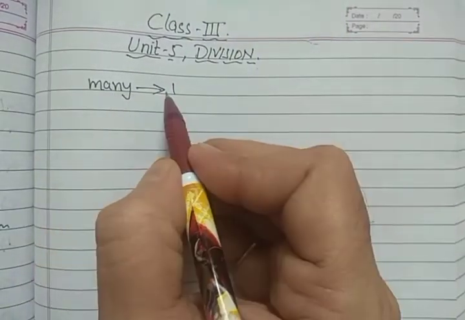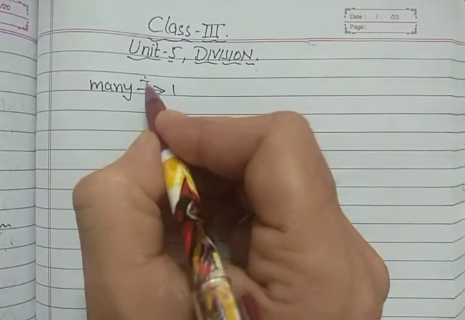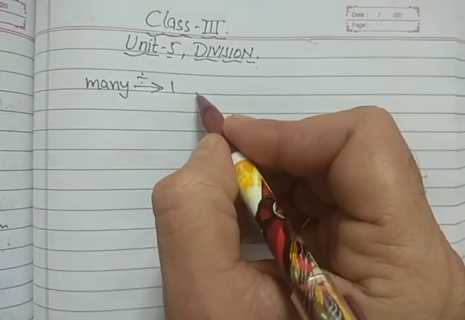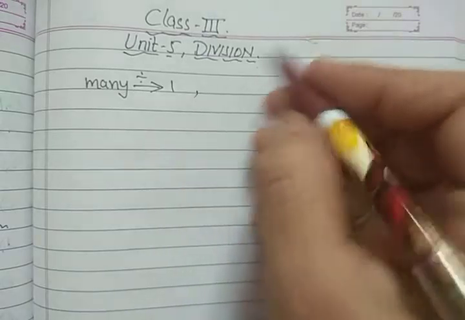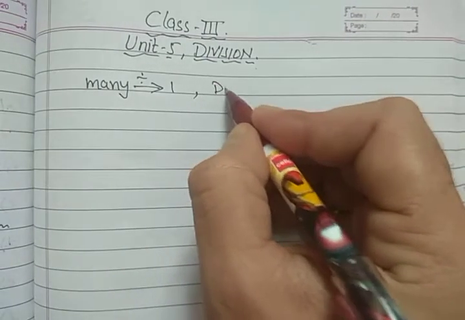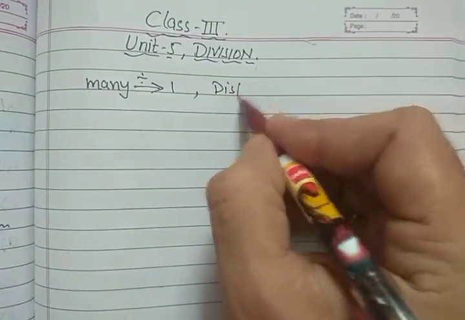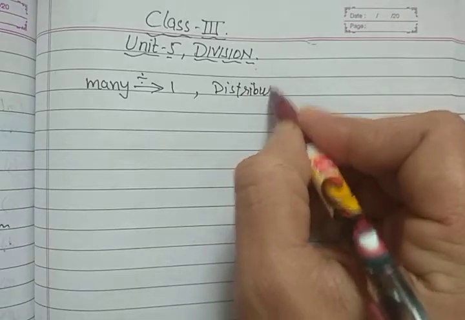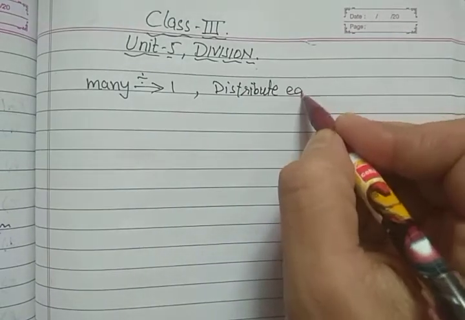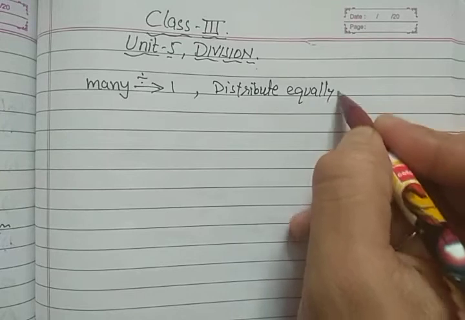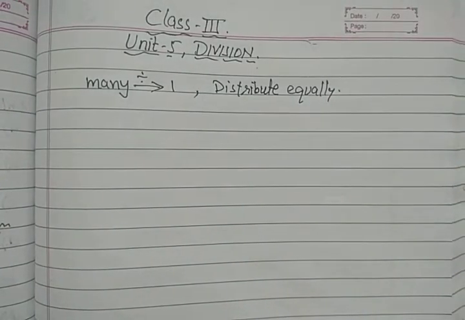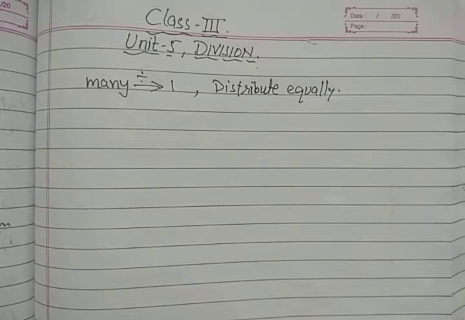So from many, when we have to find one, then we have to divide. And the second situation is when we have to distribute equally. Whenever we have to distribute things equally, then also we have to divide. So these are the two situations where we have to divide, and we have done a few examples also.